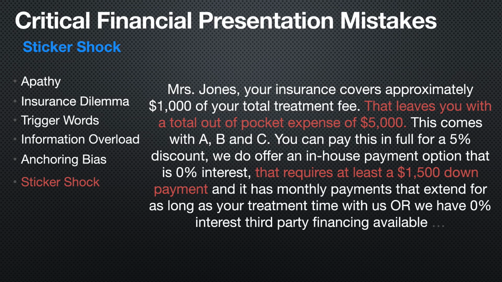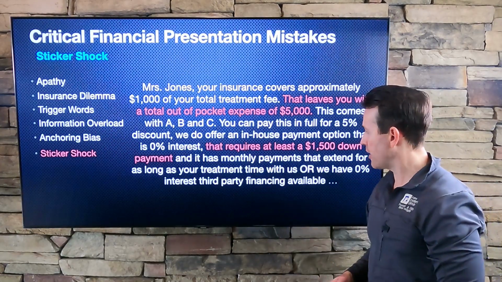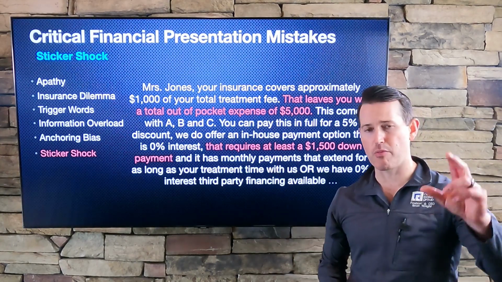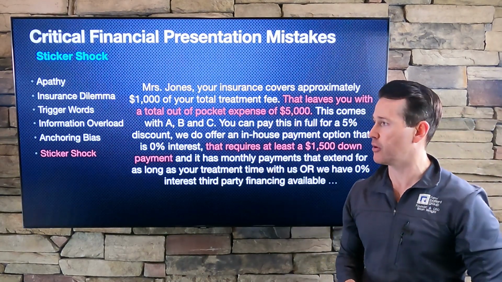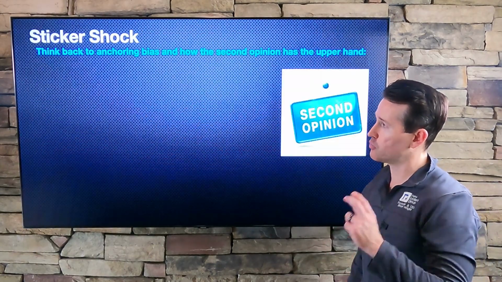That's sticker shock number one. Now, where the second sticker shock happens is now when you verbalize the down payment. That requires at least a $1,500 down payment. Not only did you sticker shock them, remember that's also a trigger word, requires, embedded into that paragraph, going back to your presentation skills. Okay, so twice.